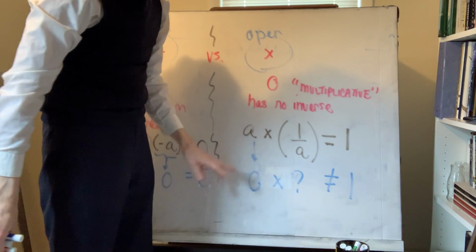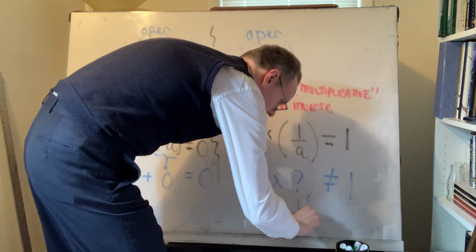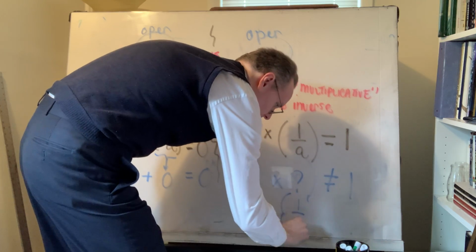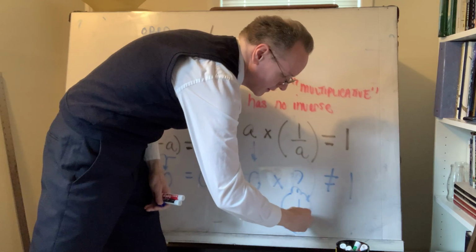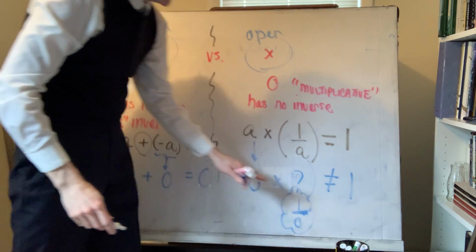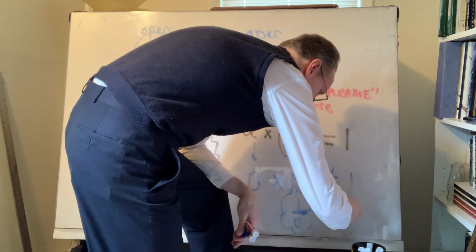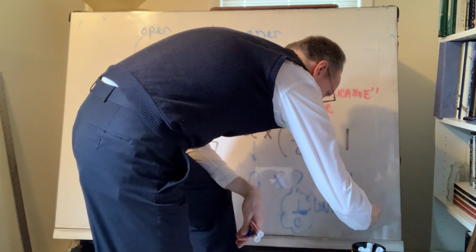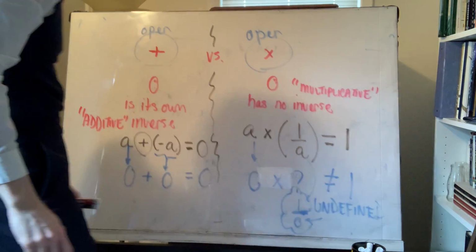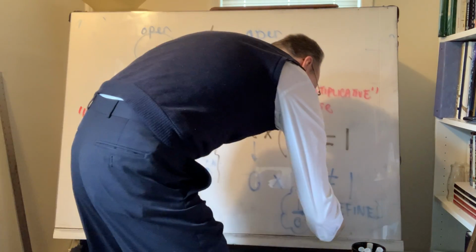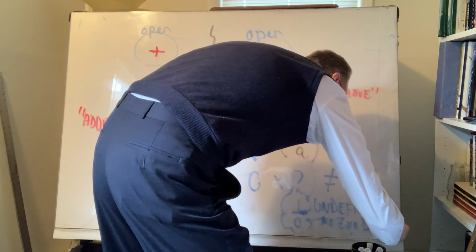Even if you took the time and went, well, maybe I'll just put 0 like this, that is, you have 0 as a denominator, even that is what you would refer to as undefined. You can't have 0 as a denominator, ever.